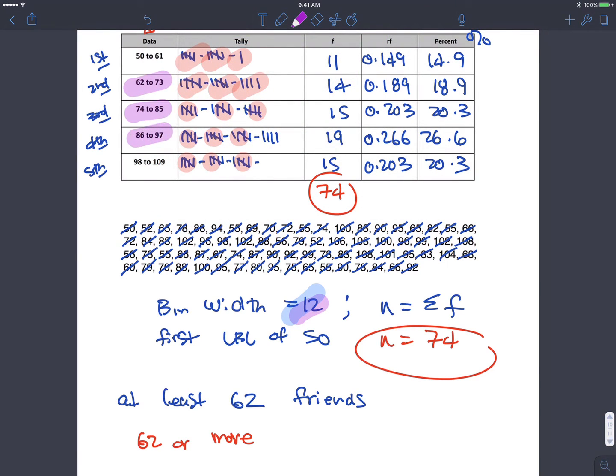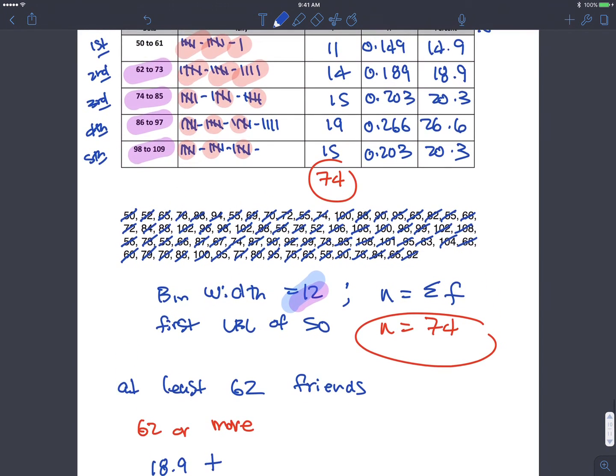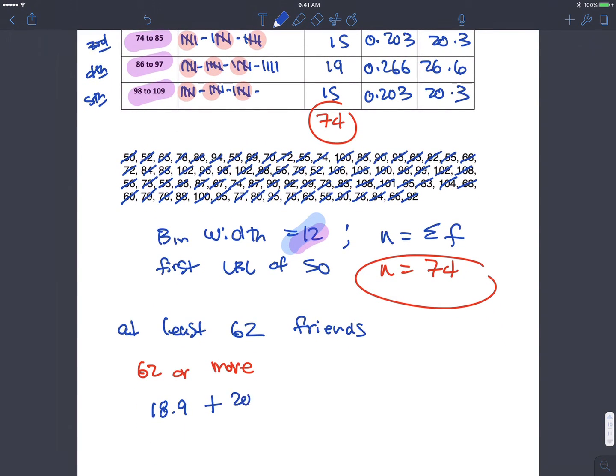Second bin, third bin, fourth bin, fifth bin. So 18.9 plus 20.3 plus 26.6 plus 20.3.